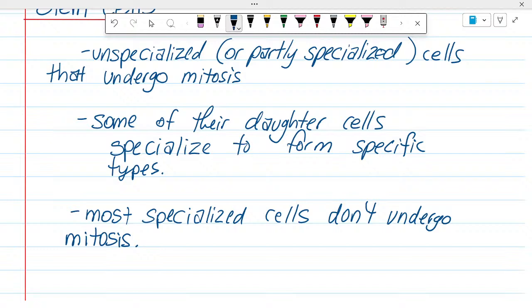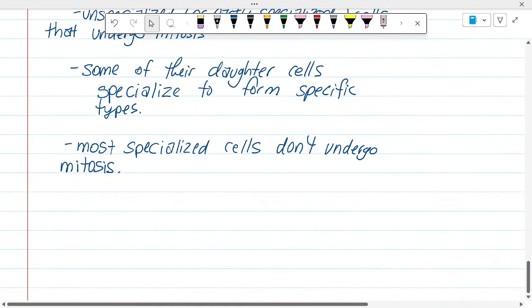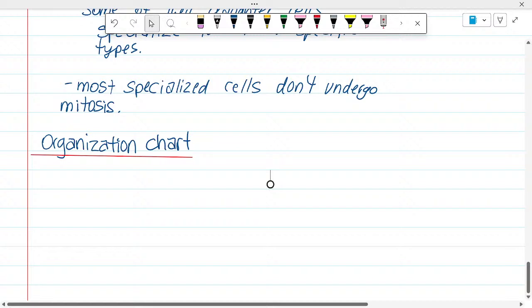All right, I just want to do a quick look at the org chart of cells in the body. Inside the human body, you can have a specific cell.